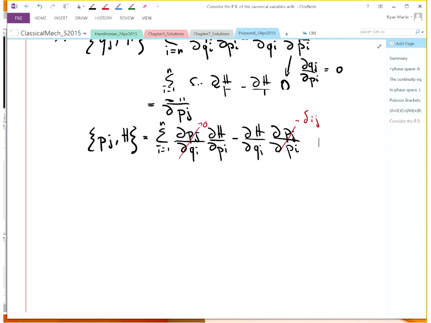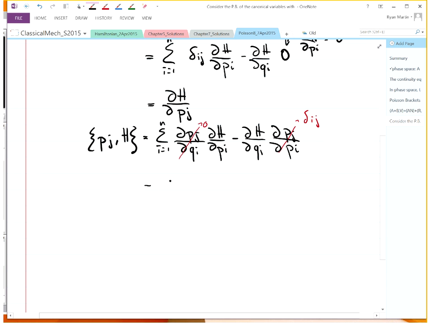So the δij is always 0 except when i is equal to j. And so that's going to pick out only one term in the sum. And the only term that's going to survive is the term where i is equal to j. So in that case, I pick out the term minus ∂H/∂qj.